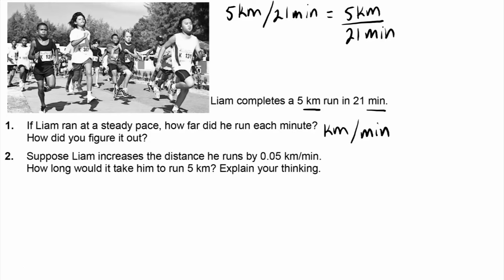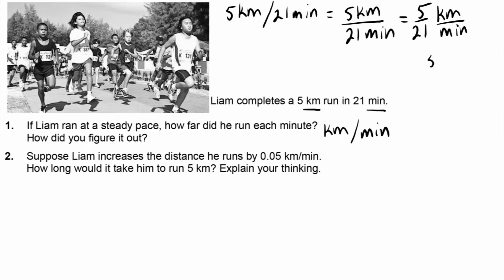I can also separate that a little bit and say it's the same as 5 over 21 kilometers per minute. Now it becomes much more obvious that he's running 5/21, a fraction, kilometers per minute. Now all I have to do is calculate 5 divided by 21.